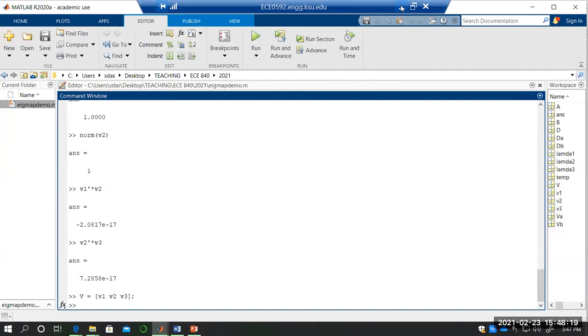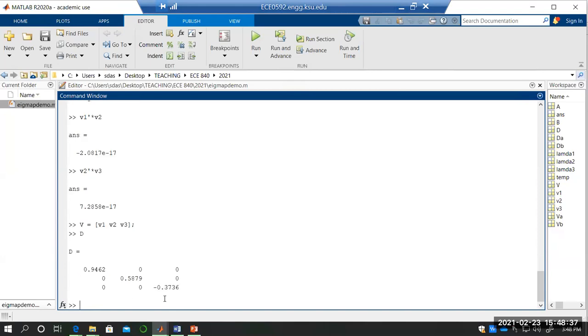Yeah, V lambda V transpose. So let's call lambda L, well, it's the same thing as this D that we got. Okay, this D is actually our lambda.